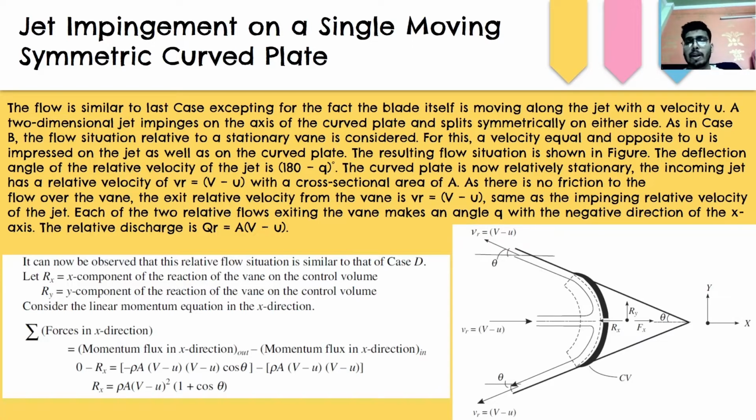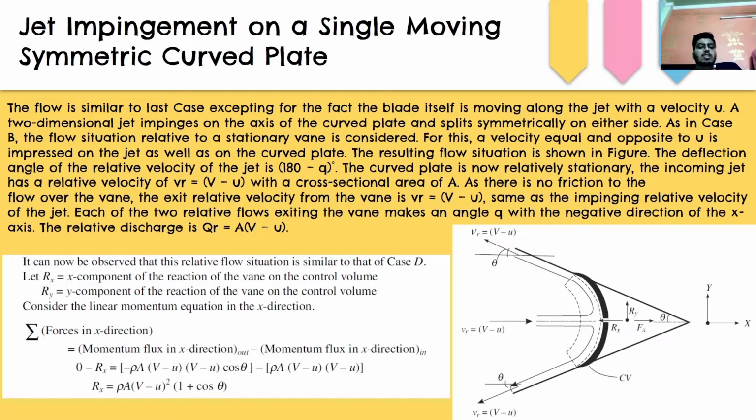Obviously, the curved plates are relatively stationary, and the incoming jet has a relative velocity Vr, which is v minus u, as we know, and the cross-sectional area A. As there is no friction in the flow over the vane, the exit relative velocity from the vane is the same as the impingement relative velocity of the jet. Each of the relative flows exiting the vane makes an angle theta with the negative direction of the x-axis.